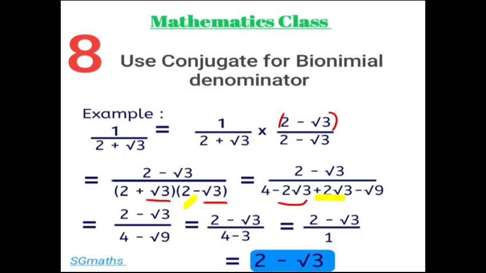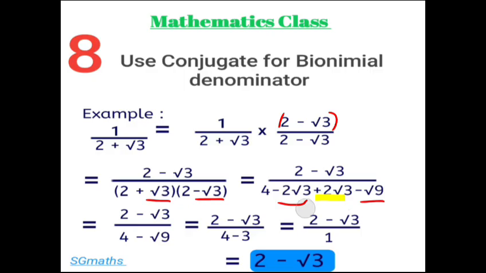Then coming to root 3 is now multiplying minus root 3, and this will give us minus root 9, because plus times minus will give us what? Minus. And that is how we have minus root 9.